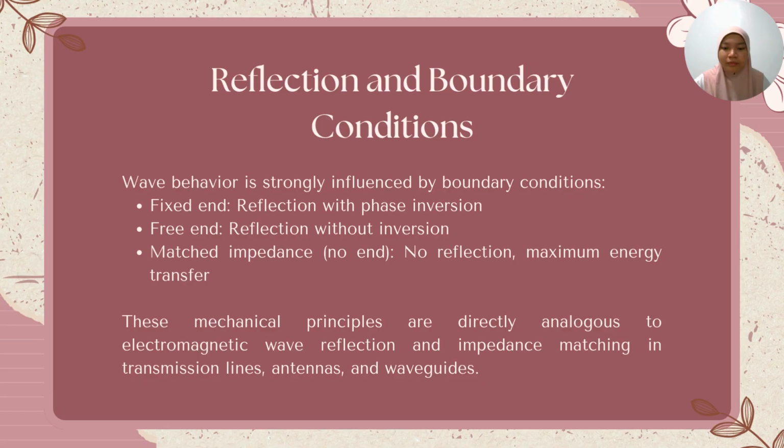If it was an upward bump coming in, it comes back as an upward bump. The third condition is matched impedance, which is no reflection and maximum energy transfer. The wave doesn't bounce back, so all its energy keeps moving forward into the new medium. These mechanical principles are directly analogous to electromagnetic wave reflection and impedance matching in transmission lines, antennas, and waveguides.